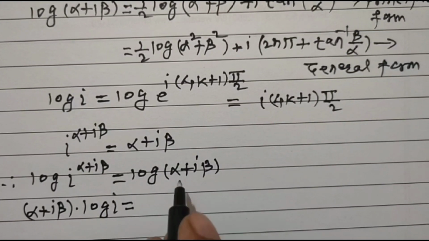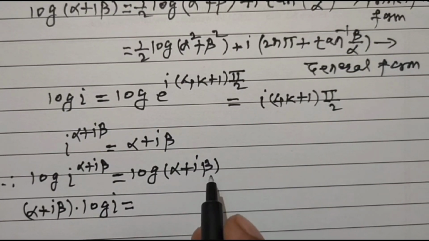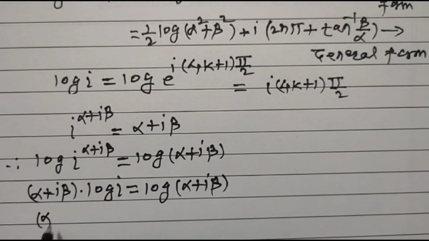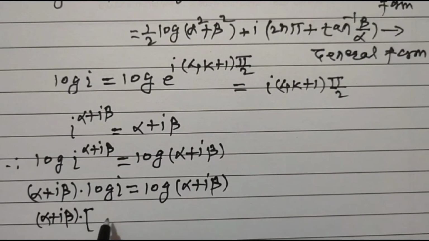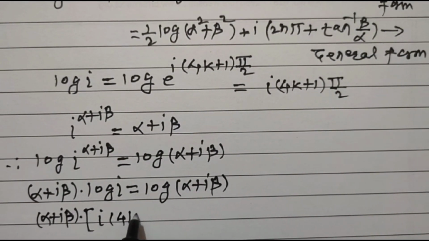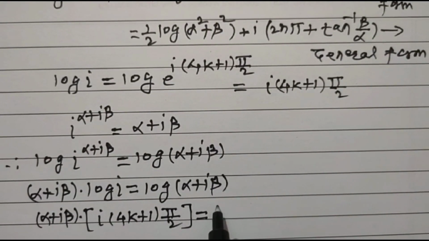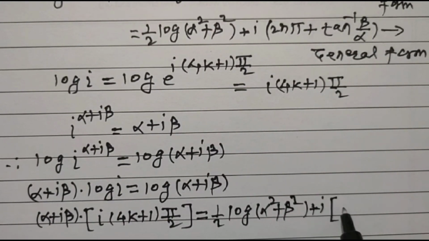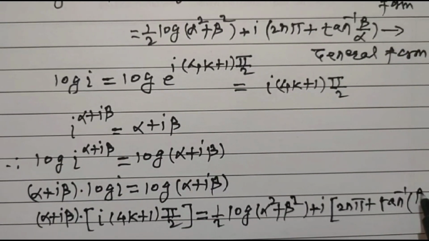This is equal to logarithm of alpha plus i beta. So this can be written as alpha plus i beta into i into 4k plus 1 times pi by 2, and this is equal to 1 upon 2 logarithm of alpha square plus beta square plus i into 2n pi plus tan inverse beta upon alpha.